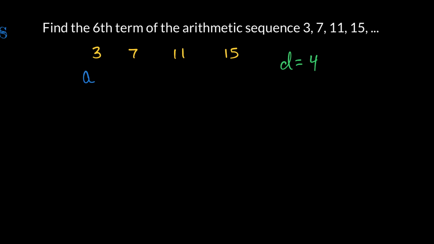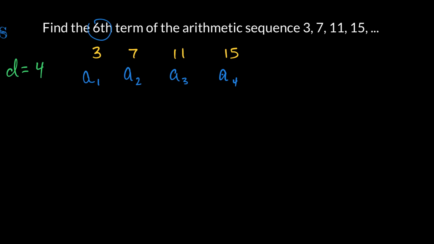This is a sub 1 because that is the first term. This is a sub 2, a sub 3, a sub 4, and we're trying to find a sub 6.